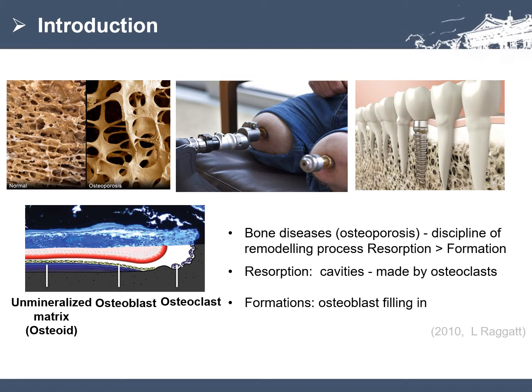The understanding and investigation of trabecular bone adaptation is important for us to understand not only bone diseases like osteoporosis, but also other applications like osseointegration or dental implants, to investigate how the bone is remodeled around the implant.